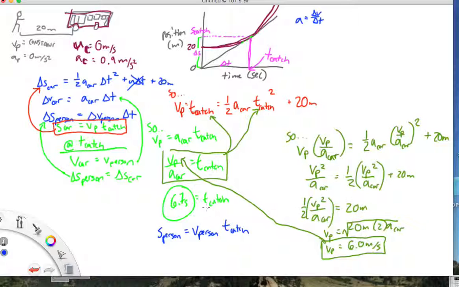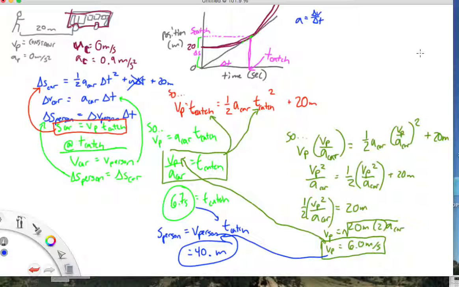Okay, so t catch is this. So just plug that in, and VP, well, that's that. These two multiply by each other. That'll give you the final position of the person. So it'll be rounded, I'll use 2 sig figs, 40 meters. That's how far they've traveled. Wow. And that's the point at which they catch. That's S catch, too. So that's S catch. Great.